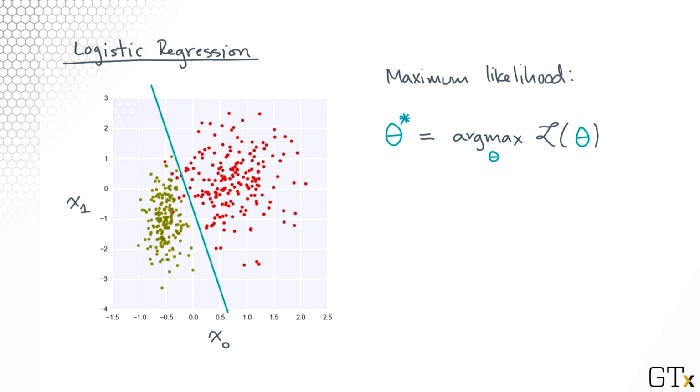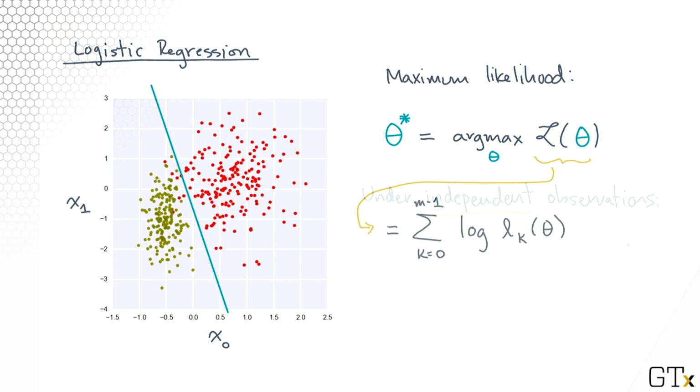Remember the maximum likelihood idea. Assume you can write down a function that measures how probable or likely the data are for a given theta. Now, one such function is the log likelihood. Let's further assume that observations are themselves independent.